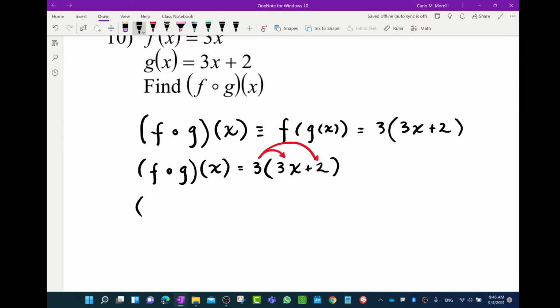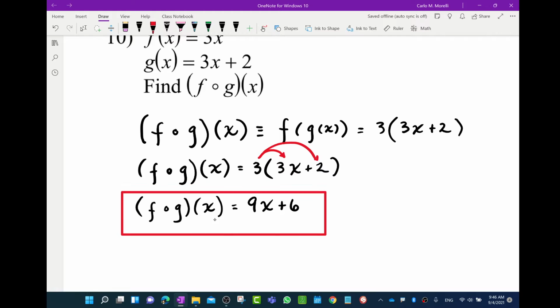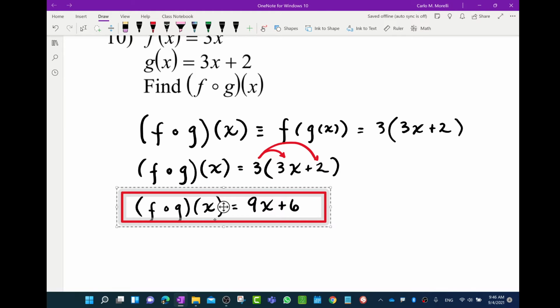And we find that the composition of functions f and g of x is equal to 9x plus 6. So the composition of functions f and g of x equals 9x plus 6. And that is the answer. Not hard at all, right? So 9x plus 6.